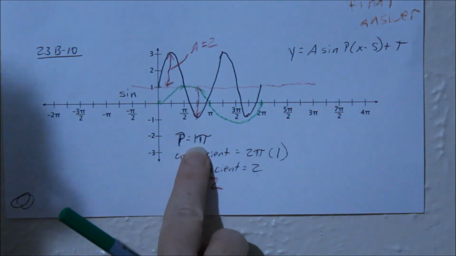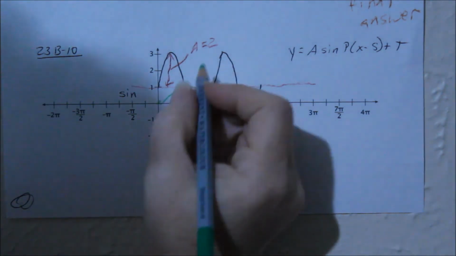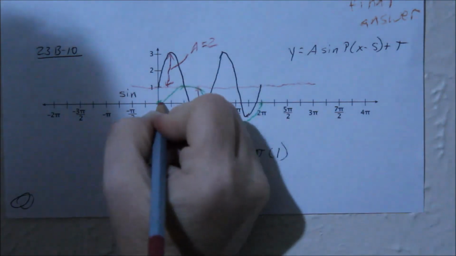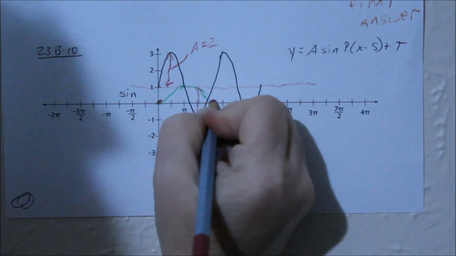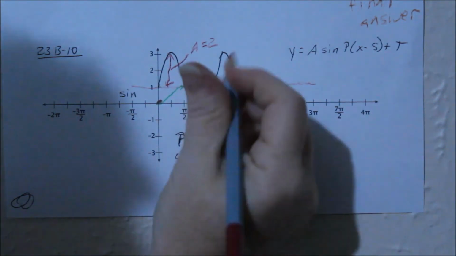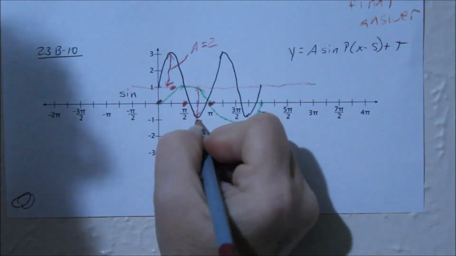Okay, so if I make this period change to this green curve, let me use a different color. It'll be from here to pi, because my period needs to go from here to pi, which means that my middle point for sine will be right there, my high point will be here, my low point will be here.